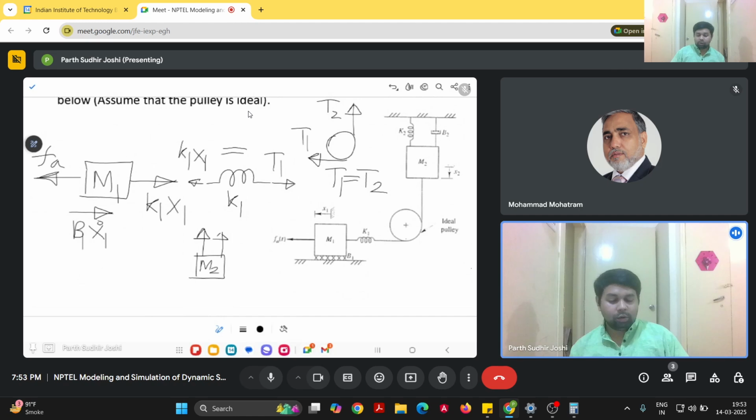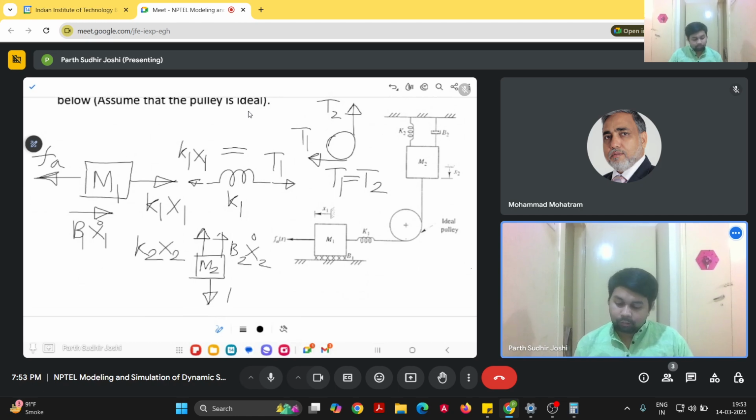Since it is moving downwards, the spring K2 will be in tension. So the spring force we can write as K2 x2, and because it is moving downwards, the damper force will be upwards, which will be B2 x2 dot. The tension T2 will be acting here, which is equal to T1, which is equal to k1 x1.